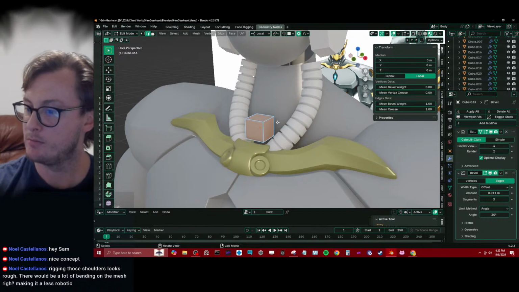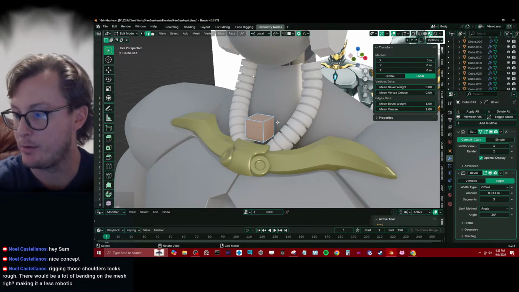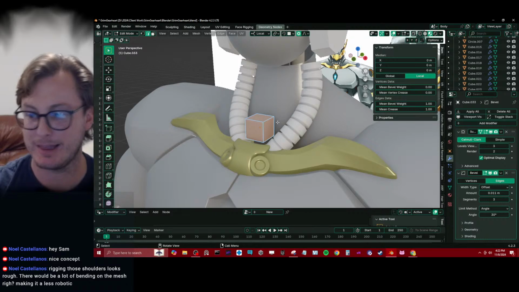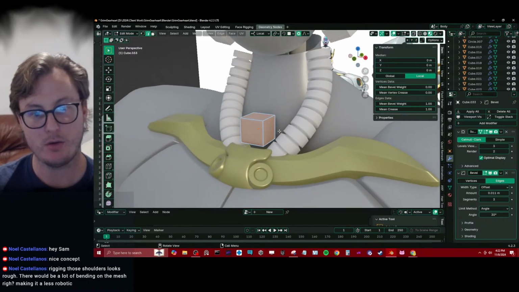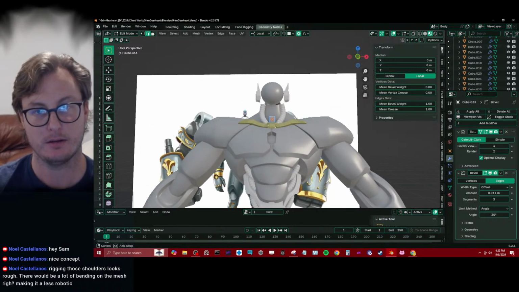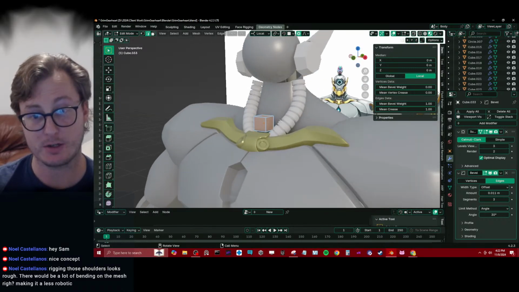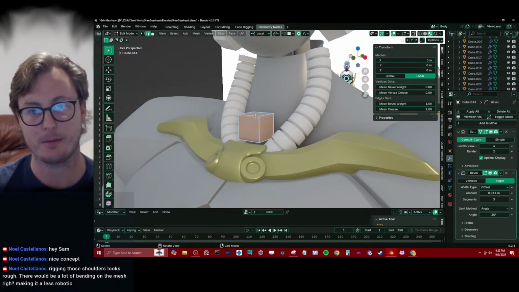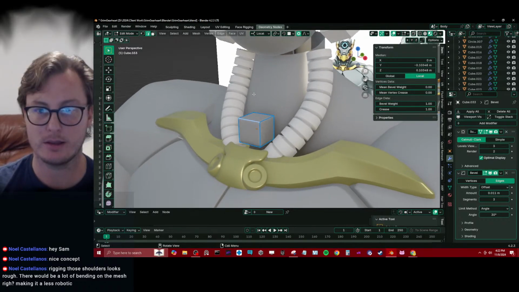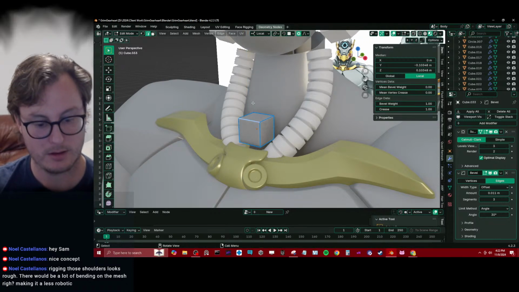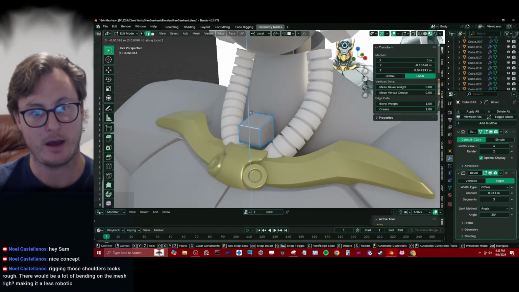Nice rigging those. Rigging those shoulders looks rough. There'd be a lot of bending on the mesh, right? Making it less robotic. There's no way to perfectly, especially for like human robots, you're gonna get a bit of bending. But you can certainly make constraints and things like that to help prevent a lot of that bending.